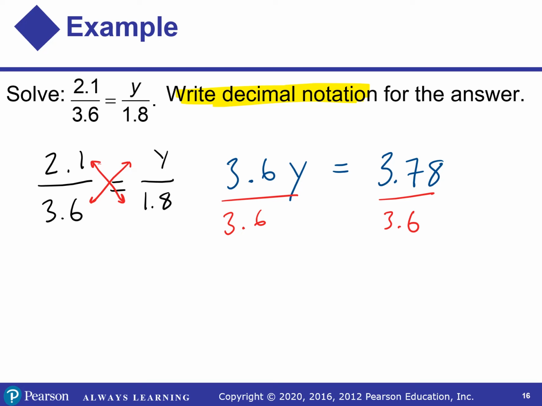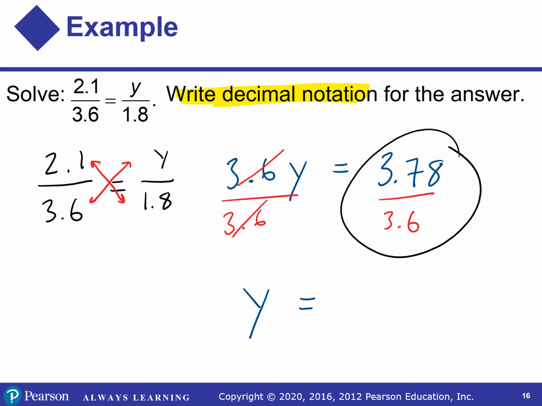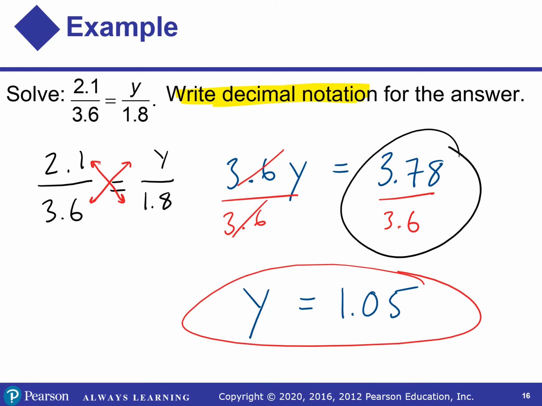So we have to basically take this, pop it into the calculator. 3.78 divided by 3.6. So on the left-hand side, the 3.6's cancel. We have y by itself. And on the right, if we divide these two numbers in the calculator, we will get 1.05. Okay, so that's the process of solving a proportion.